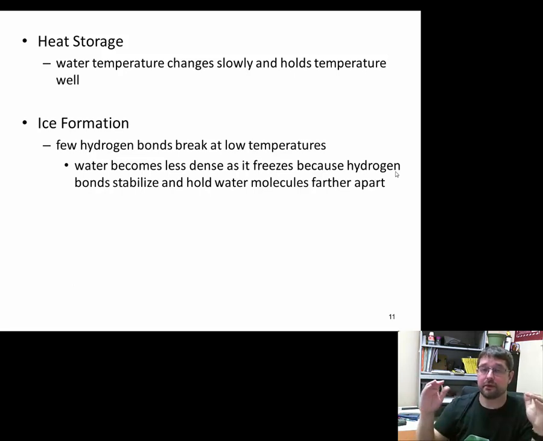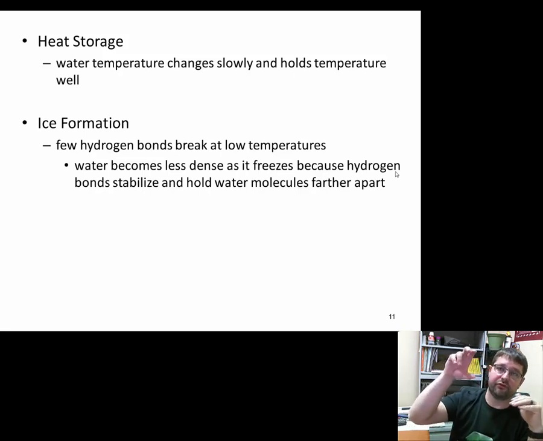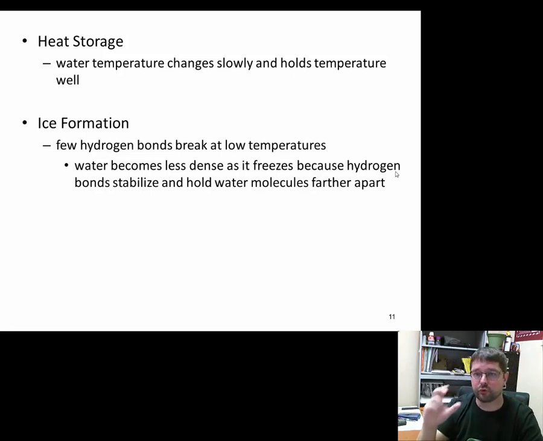But the big kicker with ice formation is that ice is less dense than that 4 degrees Celsius water. So the ice floats. This is a great property for having life, because almost all the evidence that we have suggests that life started in the water a long time ago, 3.5, 3.6 billion years ago.